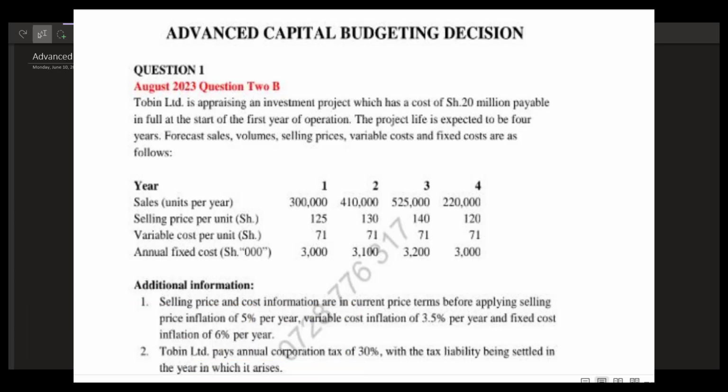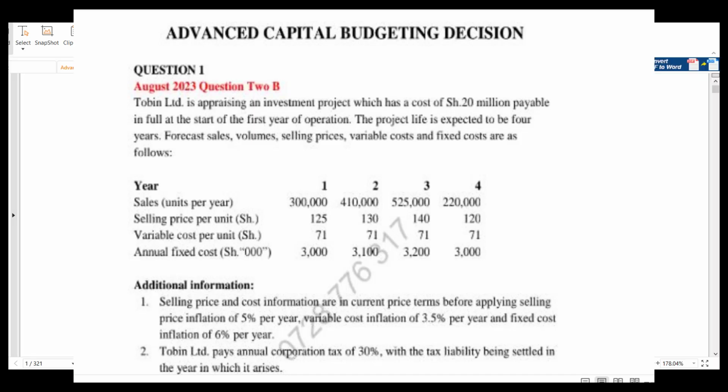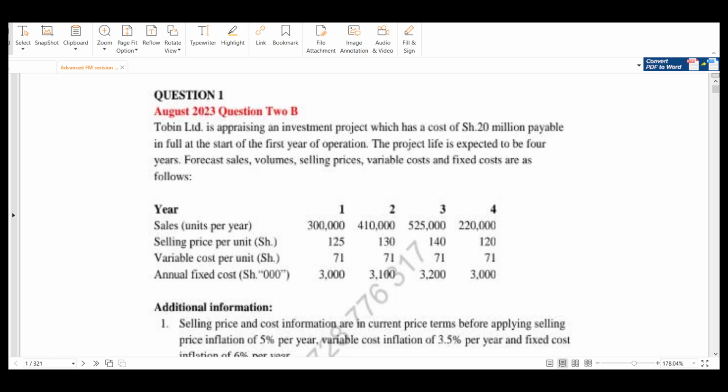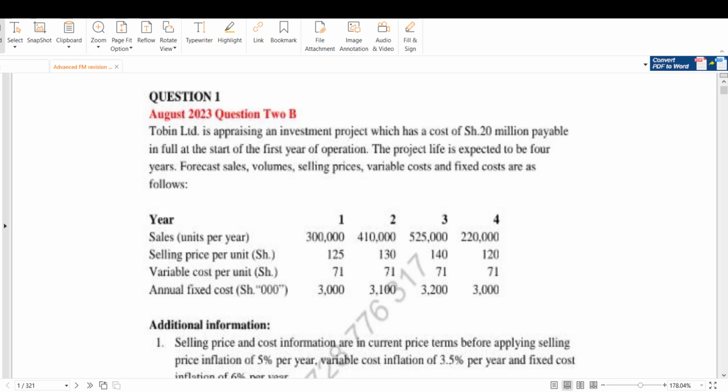So the question reads, Tobin Limited is appraising an investment project which has a cost of 20 million payable in full at the start of the first year of operation. The project's life is expected to be 4 years, and the forecast sales volumes, selling price, variable cost and fixed cost are as follows.